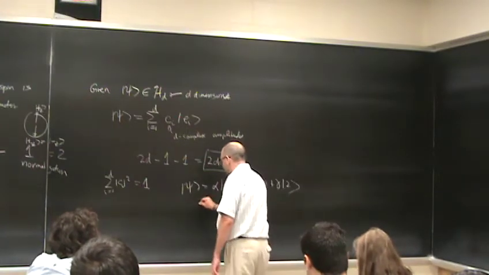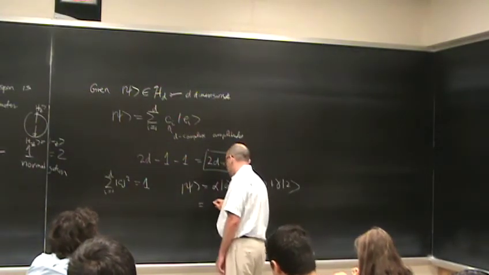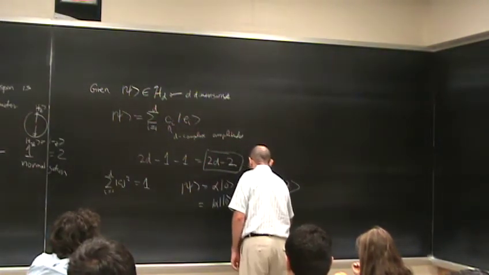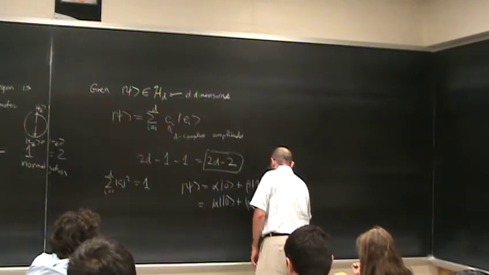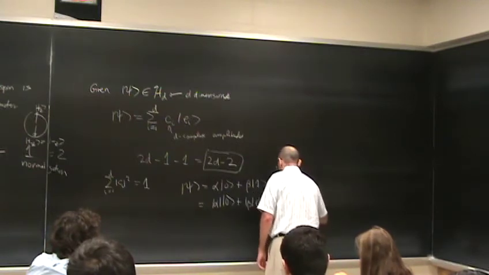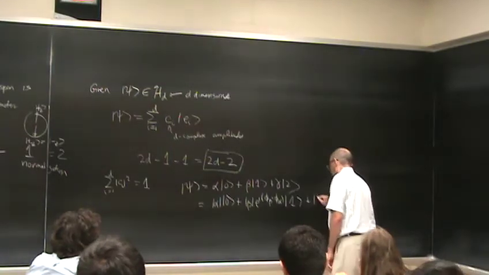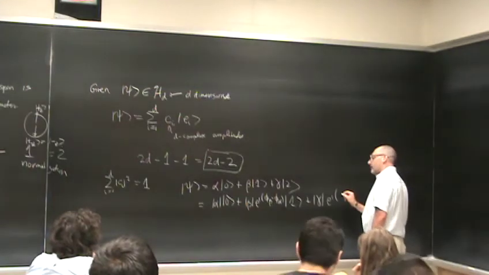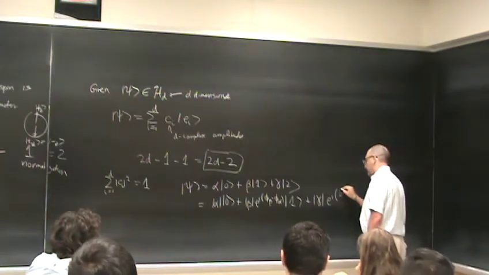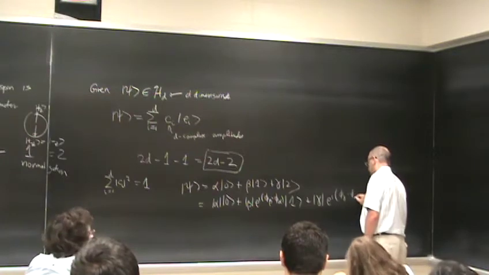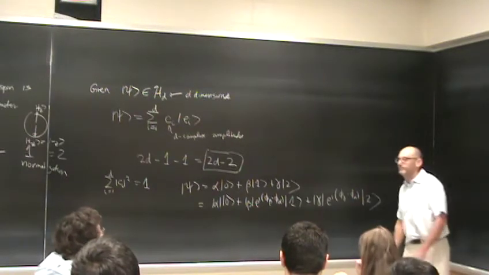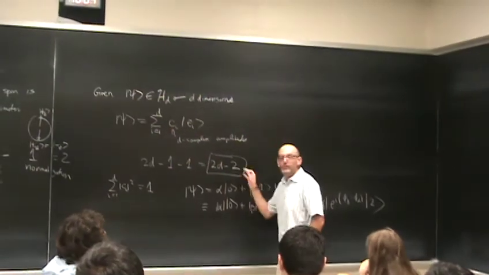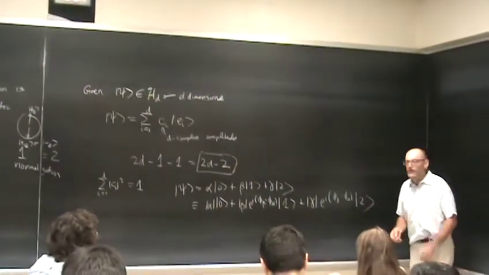Well, I can factor out the overall phase, so let me do that, and take that one to be the phase of this. So this becomes beta e to the i(beta minus alpha), and then I have gamma e to the i(gamma minus alpha). So that's equivalent because I just got rid of one phase. That's the same state.